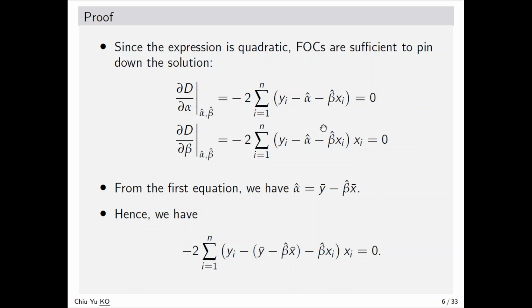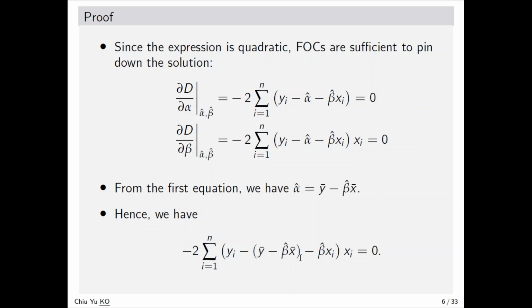In the second expression, you put the alpha hat in, replacing it with this. Now this expression looks a little bit untidy, but we just need to make beta the subject. So you collect beta hat on one side.